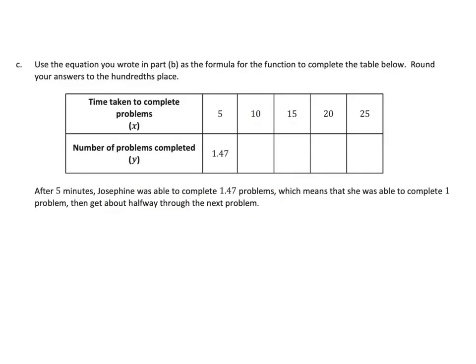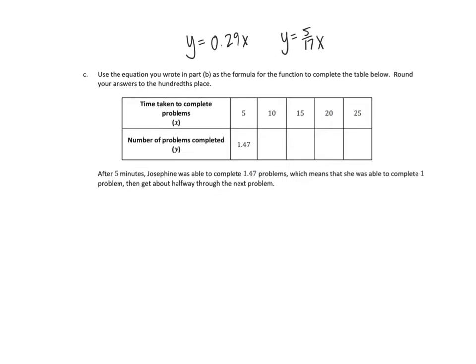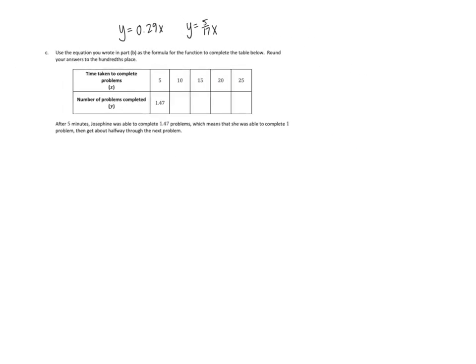All right, we're going to be using the equation we wrote in the part before, y equals 0.29x, or y equals 5 over 17x, to fill in this table below. Remember, these are our x values, these are our y values. So we're just going to plug it in. Y equals 0.29 times 10, this is my x.